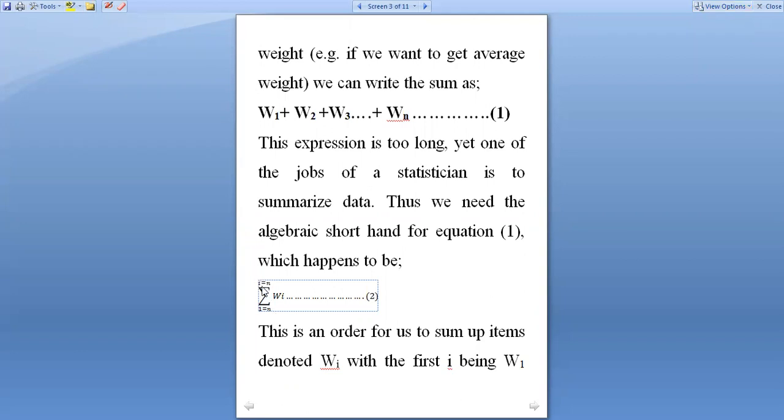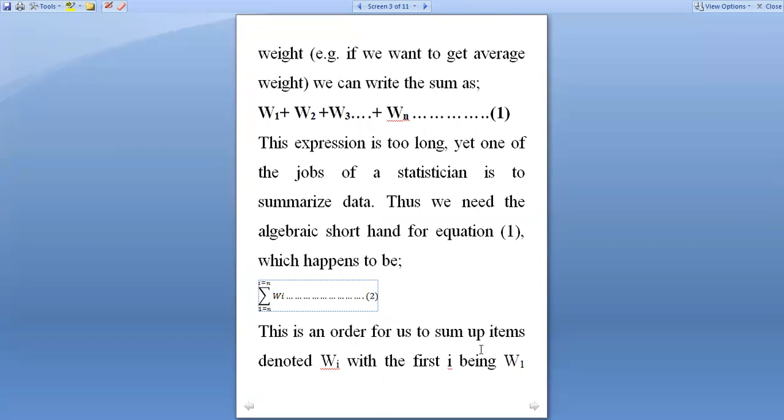And on top, it is supposed to be i equal to n. I will explain what these stand for. So this expression 2 is representing expression 1, it is the shorthand for expression 1.